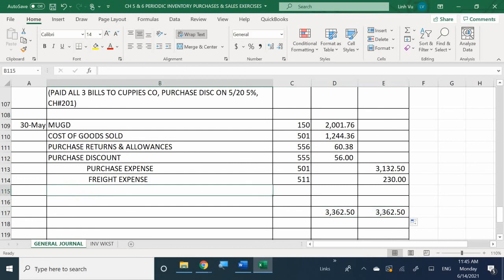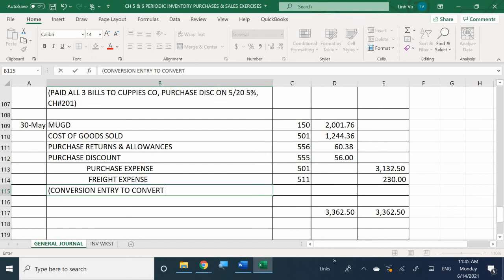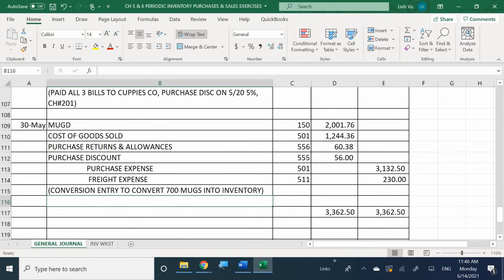And of course, if you want to add your description, you could say this is the conversion entry to convert 700 mugs into inventory. And that is it.